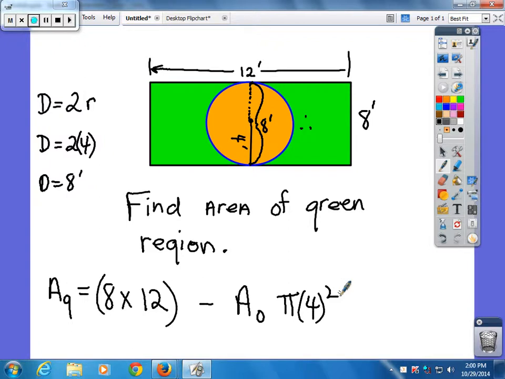So 8 times 12 is 96. Minus 16 pi. And 16 pi is around 48. So you're going to come out with around 48. So 48, 48, 96. So what is 96 minus 16 pi?